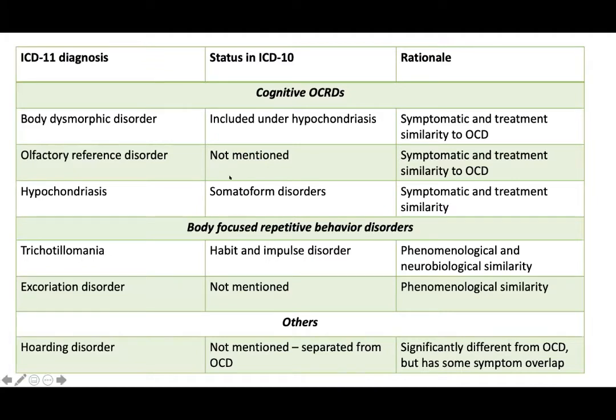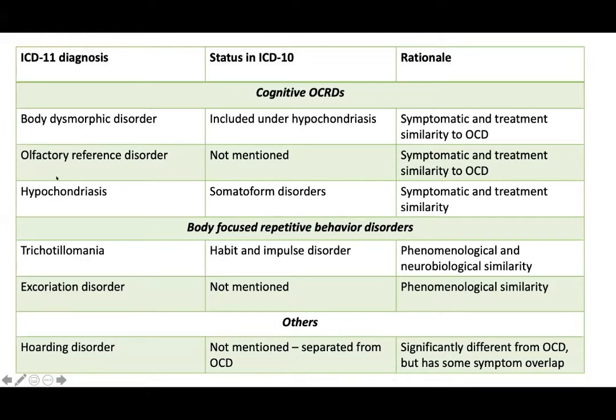So as I said, among the cognitive OCRDs, body dysmorphic disorder in ICD-10, which was included as a type of hypochondriasis, has been given a separate category. And body dysmorphic disorder and olfactory reference syndrome, both are quite similar in phenomenology. Body dysmorphic disorder is a disorder in which a person has increased preoccupation regarding having any bodily defect in appearance.